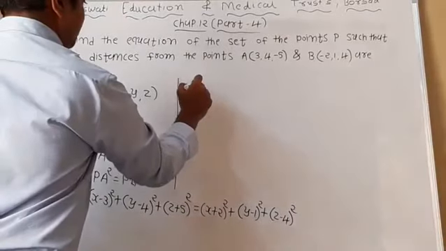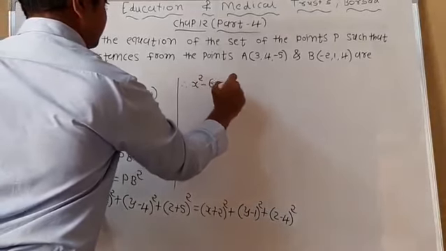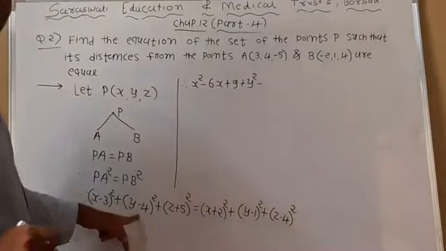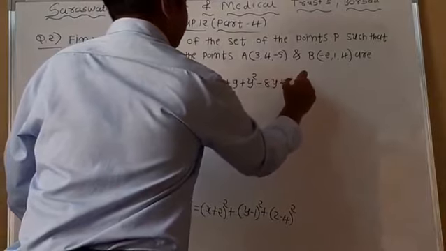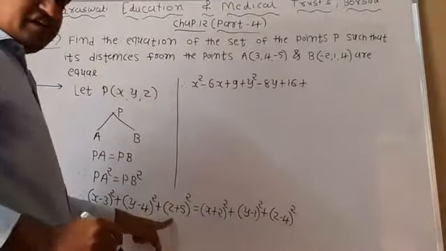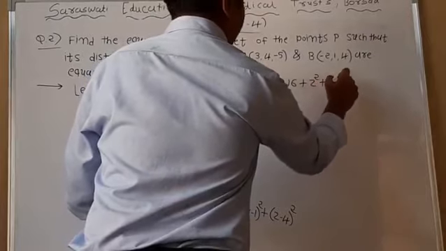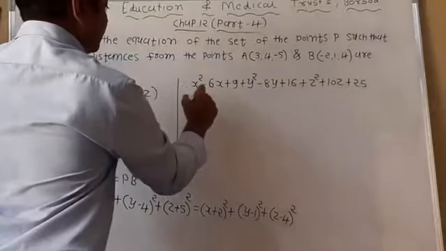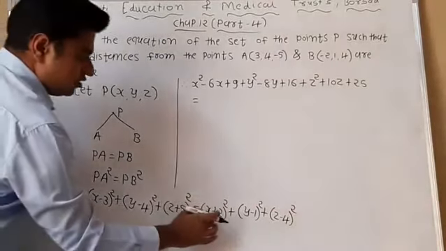So therefore x square minus 6x plus 9 plus y square minus 8y plus 16 plus z square plus 10z plus 25 is equal to, in the same way simplify the opposite side.